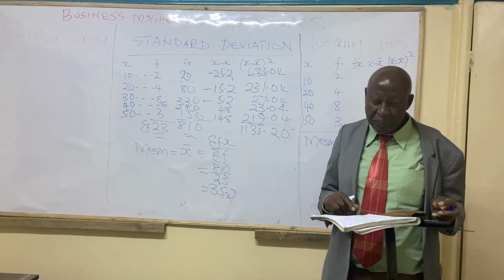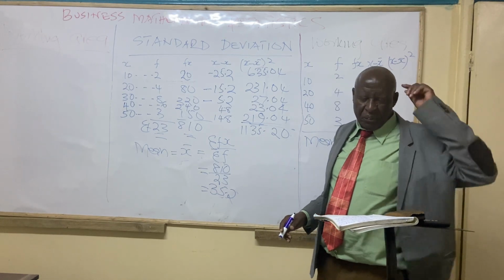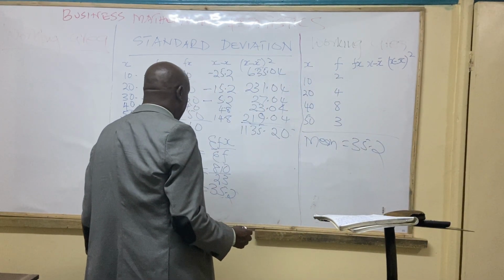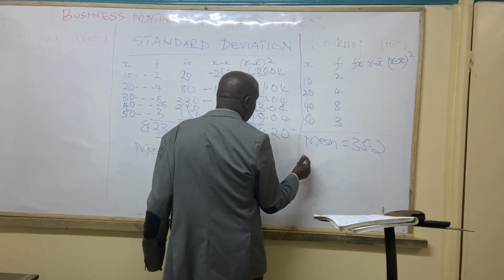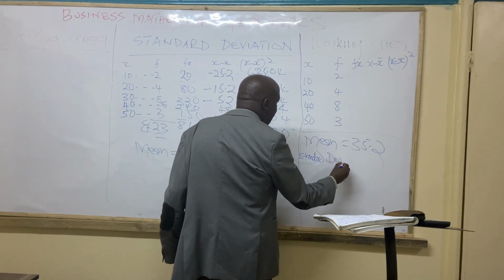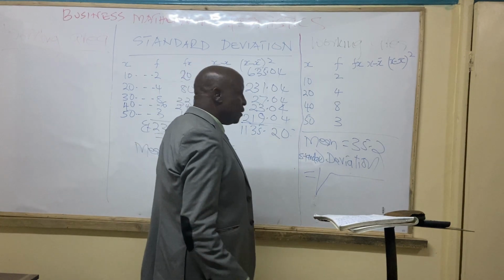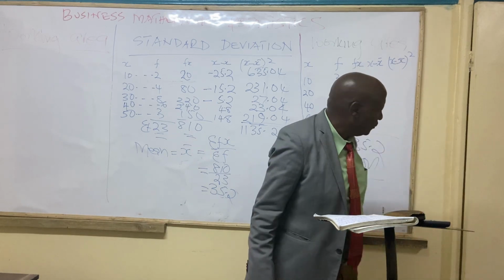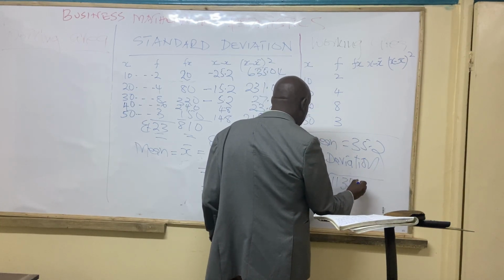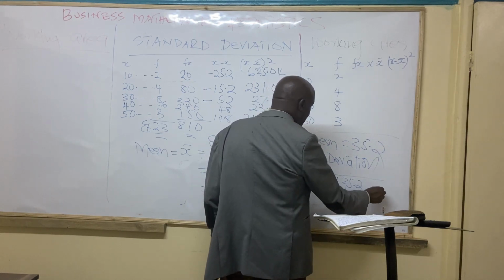Having gotten that, we now come to our standard deviation. Our standard deviation now will be 1135.2 over 23.